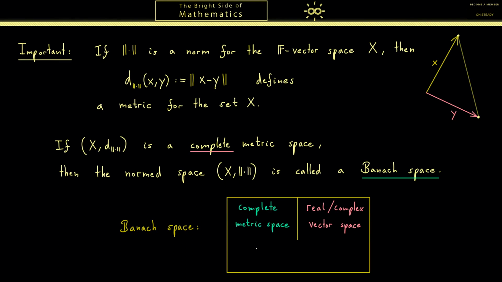And the thing that connects both sides very smoothly is our norm. So please keep that in mind. We don't have just any metric here. We have the metric that comes from this norm. And by definition, the norm can deal with the algebraic operations. So this is how I see a Banach space in the abstract sense. To get more concrete, we will look at a lot of examples in the next video.